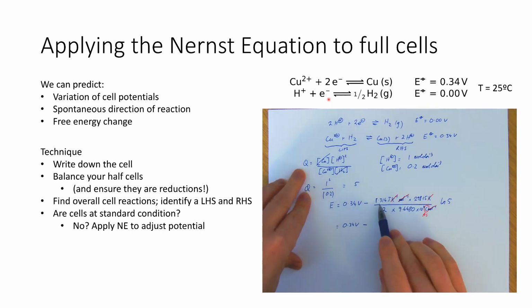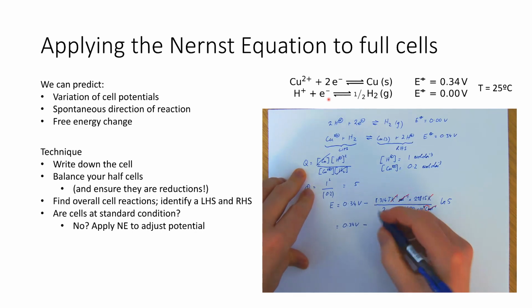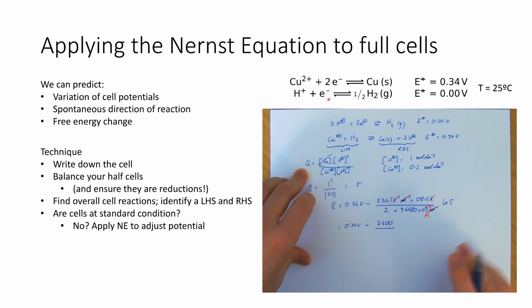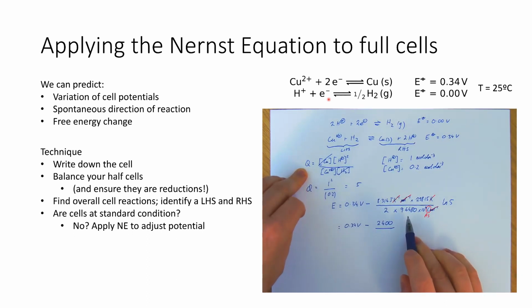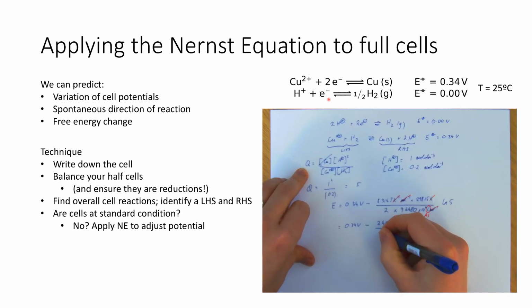So minus 8.314 times 298, that's about just over 8 times just under 300. So we should end up with something that's around about 2,400. 8 times 300, 2,400. Divide that by 2 times 9.6480 times 10 to the 4, which is going to be about 19 times 10 to the 4.